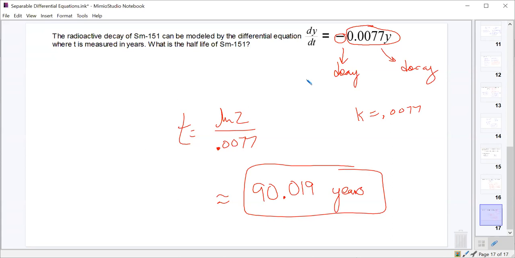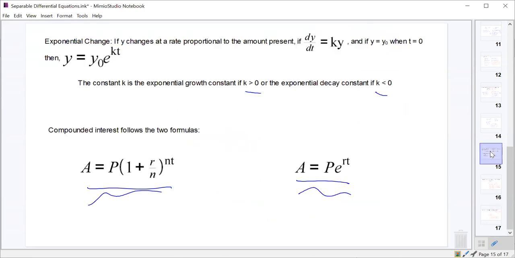In the equation where you had the negative value and you said this means decay, is that just part of the conventional equation? That if it's negative out front, it means decay instead of growth? Correct. That's what we were talking about back here: k greater than 0 is growth, k less than 0 is decay.